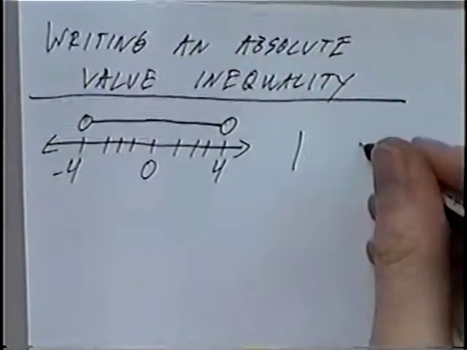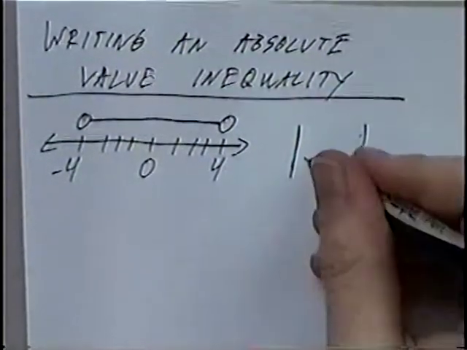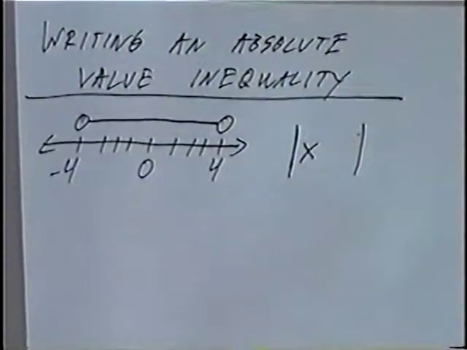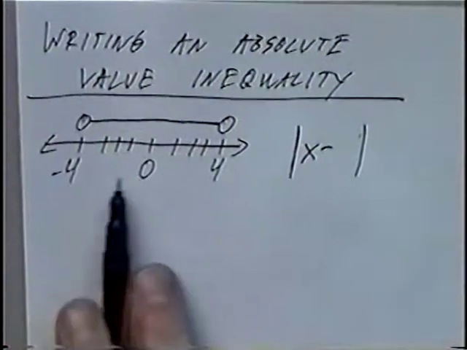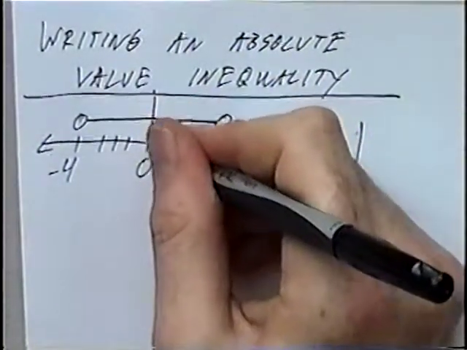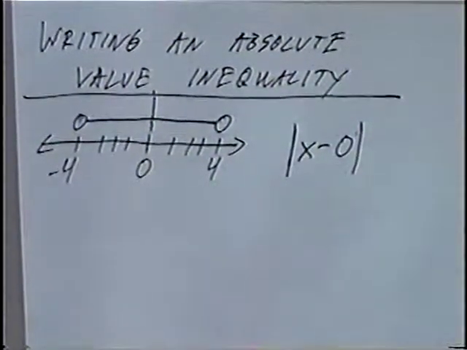So we can start with an absolute value. We'll have a variable, we can use x, and the number next to x that we'll subtract is the number that's halfway between negative 4 and positive 4. So halfway between the endpoints would be 0, so we'll subtract 0 inside the absolute value.